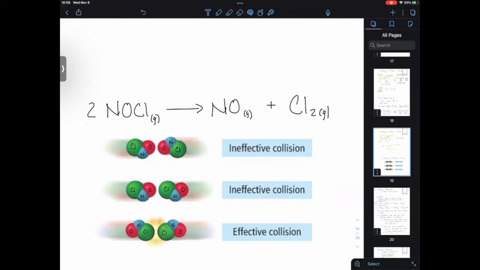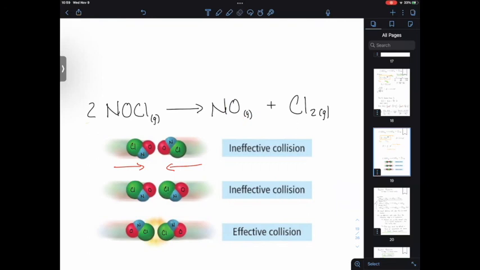But not all collisions are productive collisions or effective collisions. Not all collisions will lead to the product, the nitrogen monoxide and the chlorine gas. All right, and that's what's depicted here. If these two molecules collide in space, this one's traveling this way, this one's traveling this way, and the oxygens on those two molecules hit, this would be an ineffective collision. It's not going to lead to a chemical reaction.